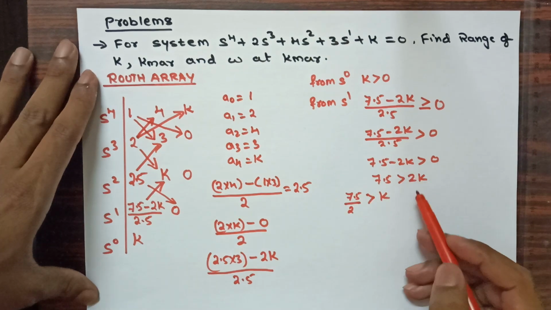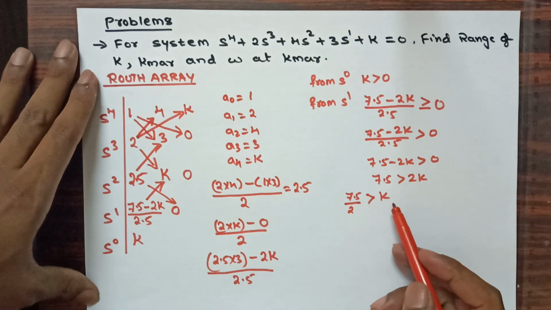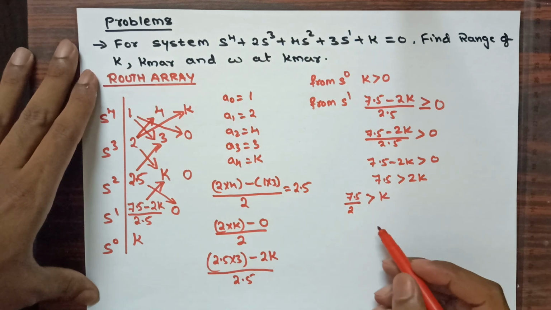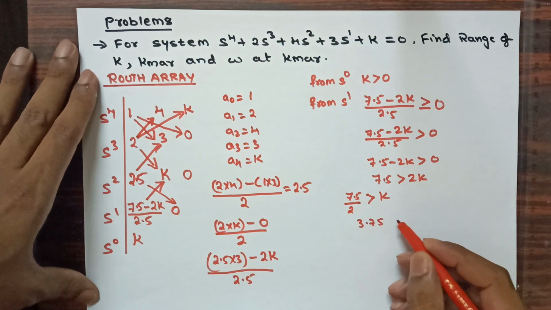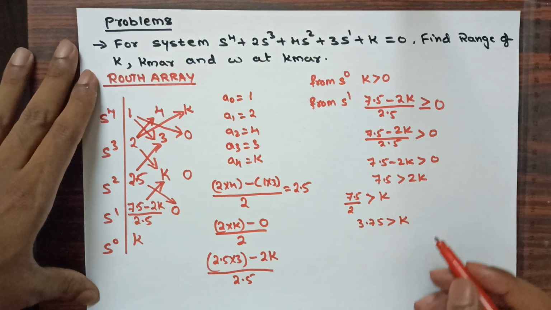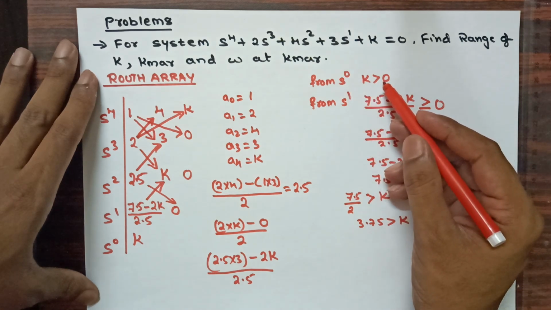Now by taking this 2 to the left hand side, I will be getting 7.5 divided by 2 greater than k. So this 7.5 by 2 I am getting here 3.75 greater than k.